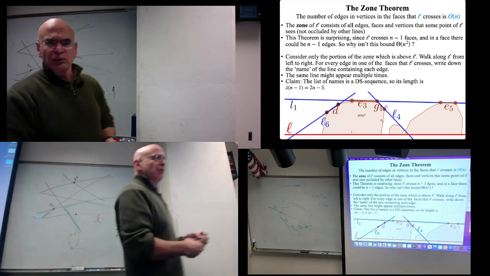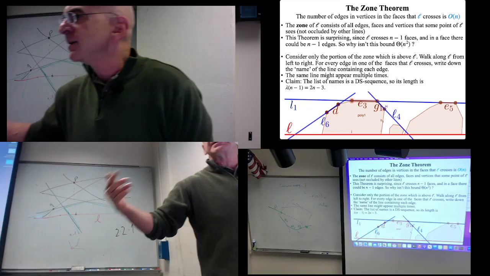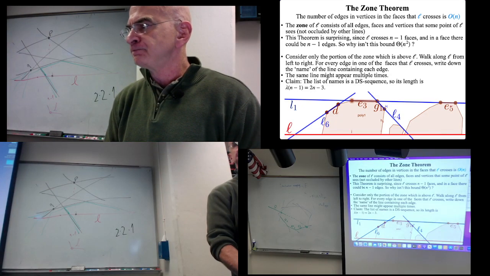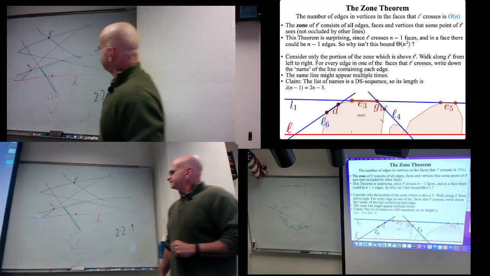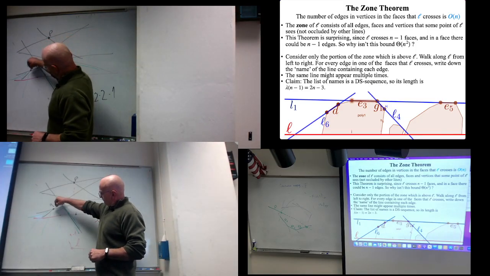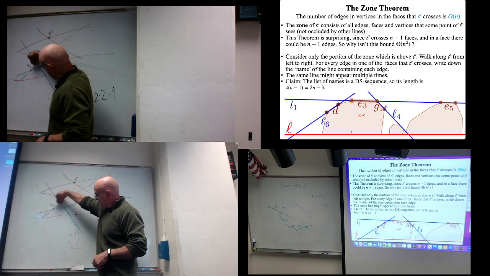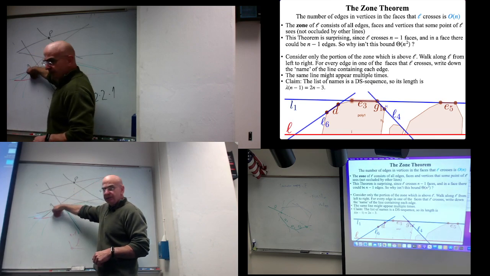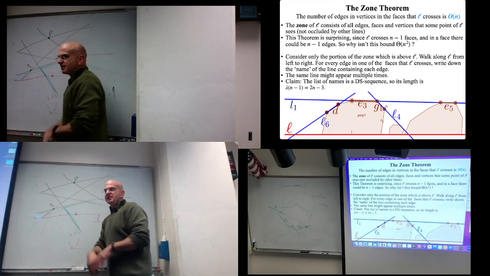So I'm going to count in the zone everything that is exposed to L at some point of L. Vertices, edges: if you can pick a feature, point or edge or face, and slide it so that it intersects with L and you don't hit any other line before, it means that it's in the zone.